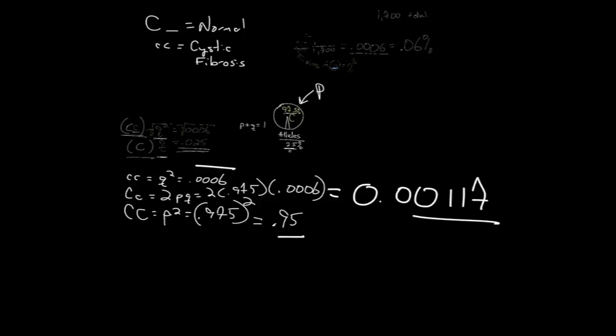Do it, someone do it, give me the number, I'll do the number too. 0.006 times 325 million, 195,000. That's the number I got. So I expect 195,000 people to have cystic fibrosis.